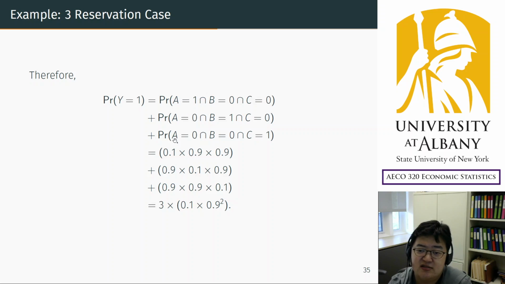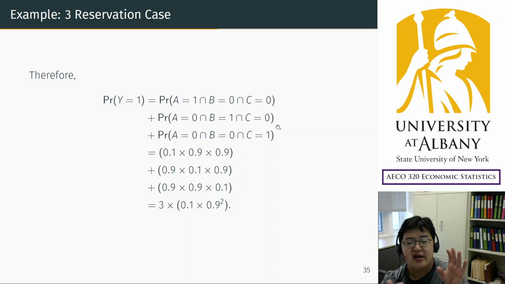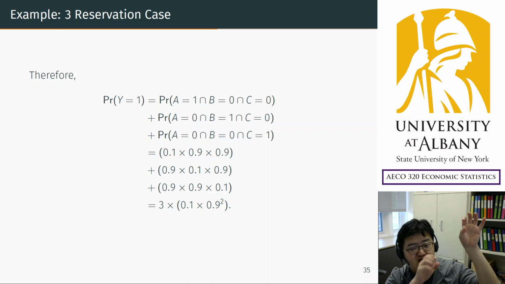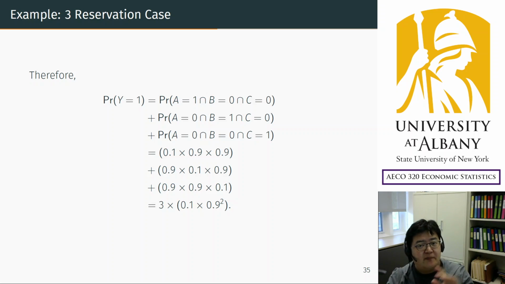Or another case, the third case is A and B don't cancel, but C cancels. So it's like specifying who is canceling. When I say only one cancellation, then you have to think about all the possible cases, like who cancels, and then calculate probability for each case.